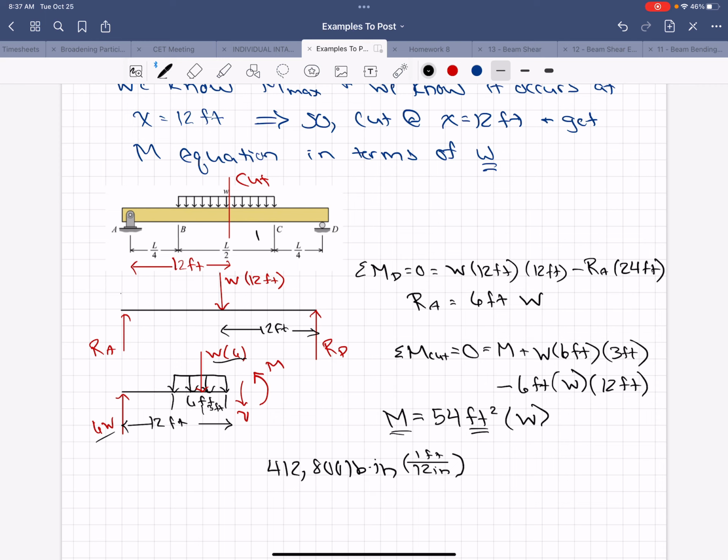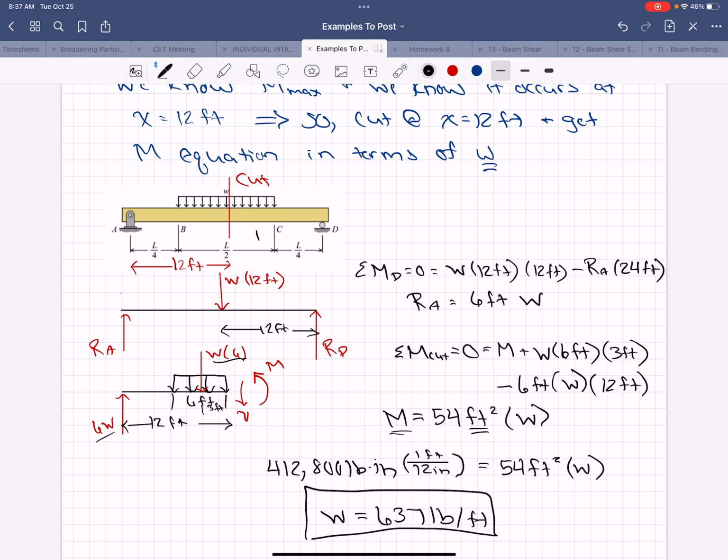So turn it into pound-feet, and that is going to equal 54 feet squared times W. I solve for W, and I get 637 pounds per foot is the maximum distributed load.